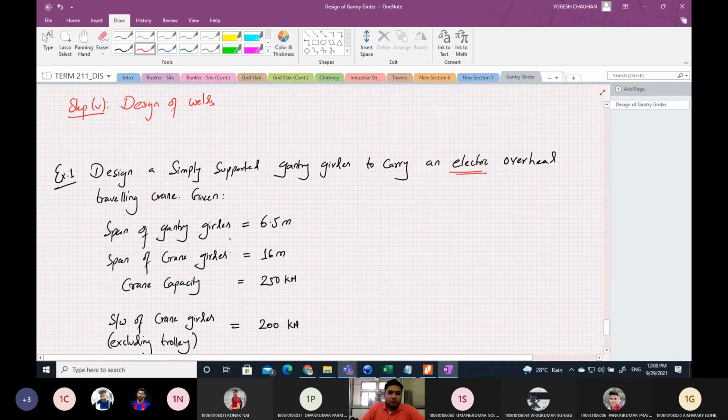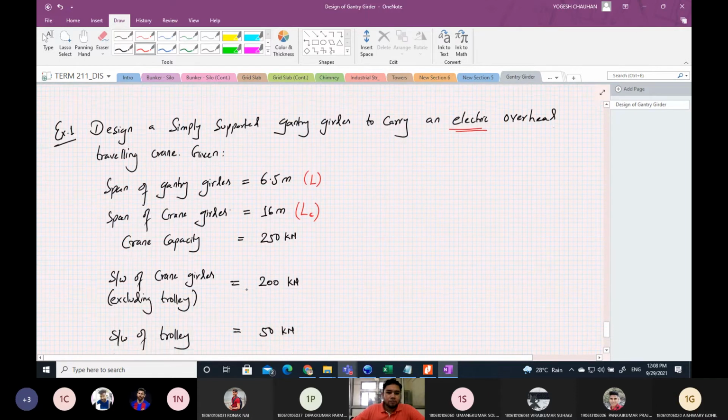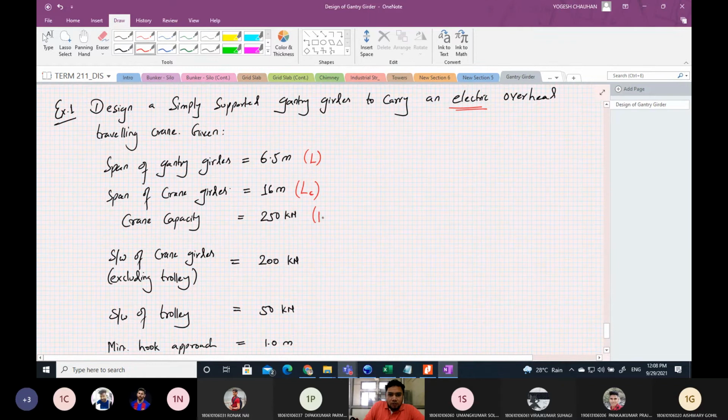Then the span of the gantry girder is given. So we have L, the span of the gantry girder. We have the span of crane girder, that is LC. Then this is the crane capacity, which is capital W. Here the self weight of the crane girder is given, so this is actually small w times LC.